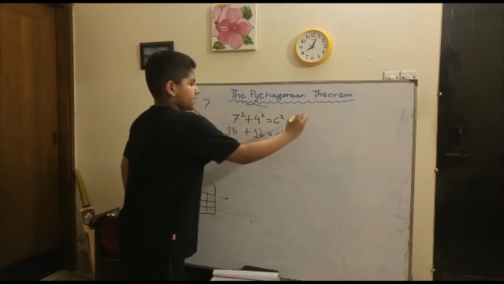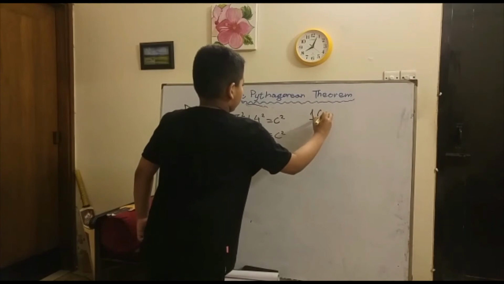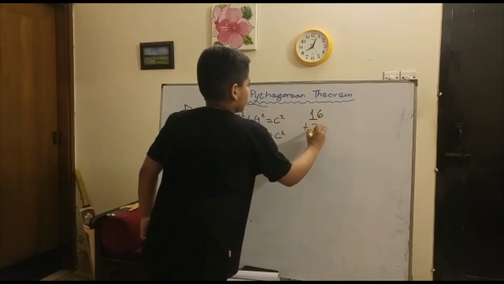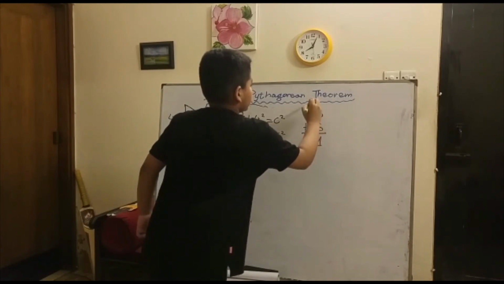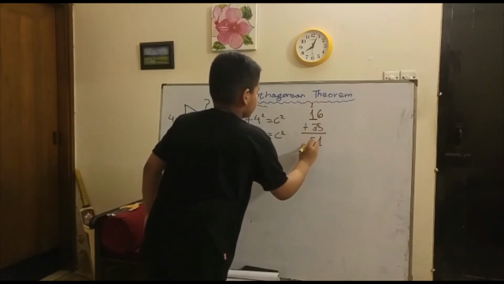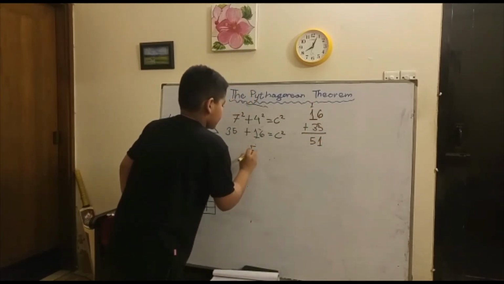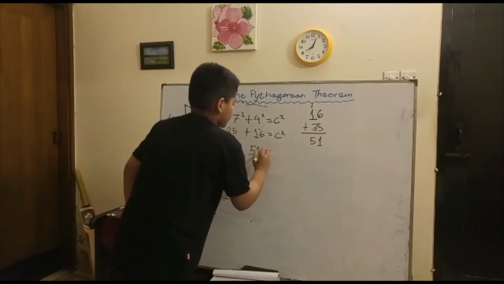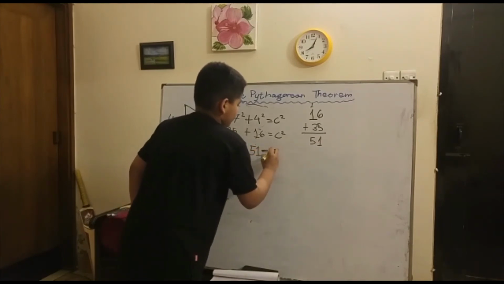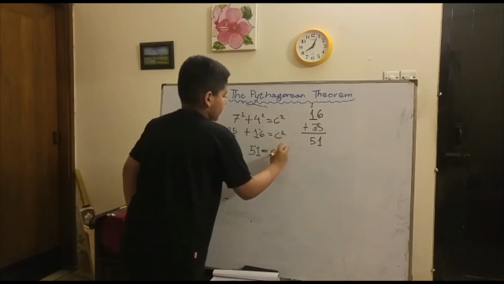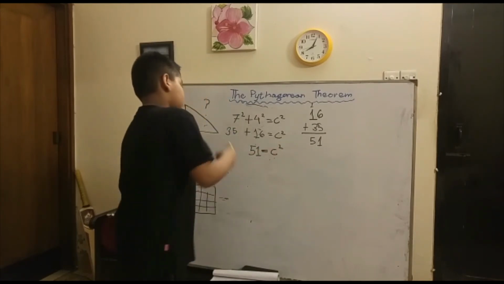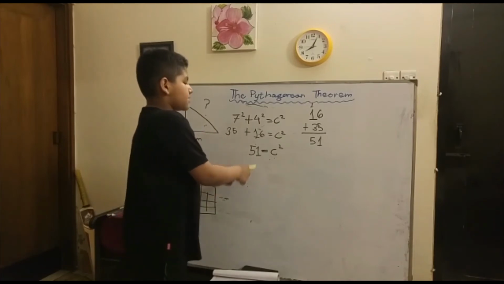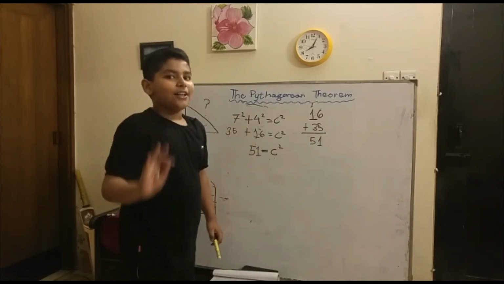Simply do some rough work if you need to. And 65 is the square of the hypotenuse. To know the hypotenuse, we need to take the square root from both sides, because we learned that in algebra.